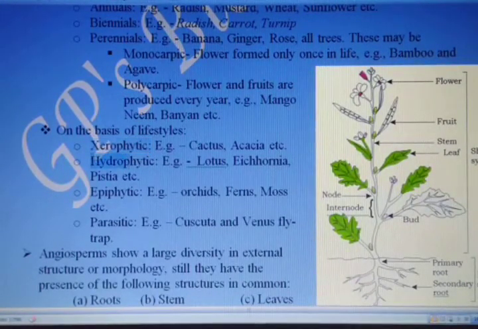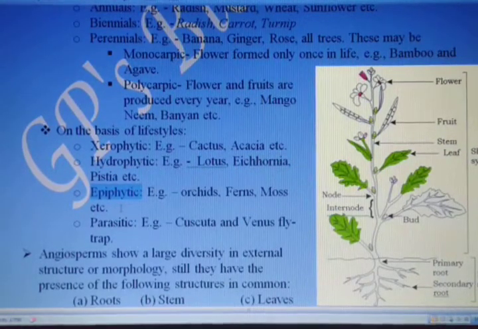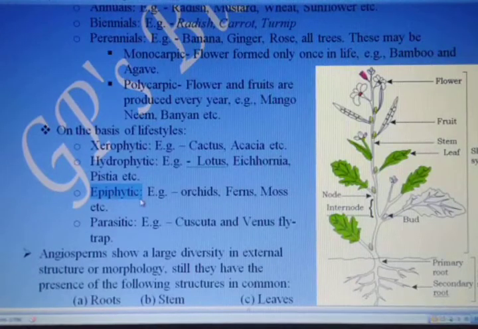So these two plants and others also can be included here as xerophytes. Second one is hydrophytes. These are plants that grow in the water or nearby water. Examples: lotus, Eichhornia and Pistia, etc. are included as hydrophytes. Then coming to epiphytes, they grow on some other plant. Their roots generally are found hanging, and they have some cells or tissues in their roots which can absorb moisture from the atmosphere, and these are mainly orchids.